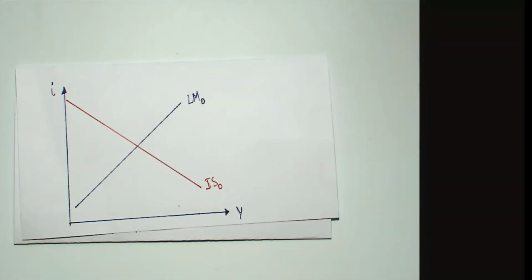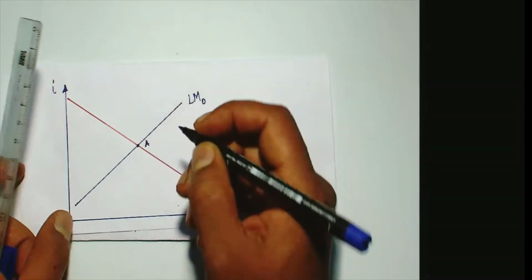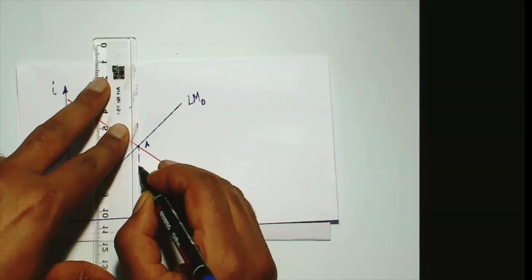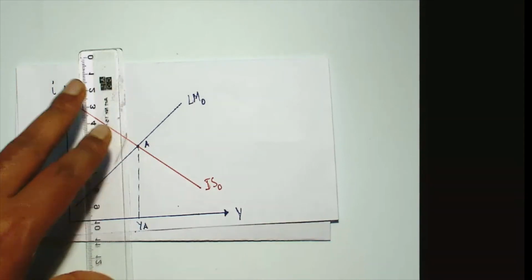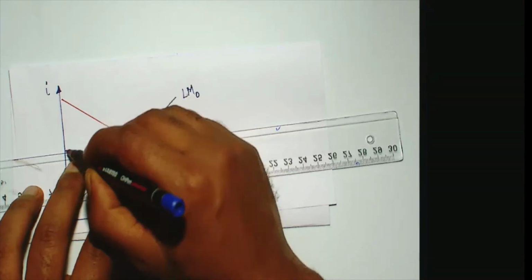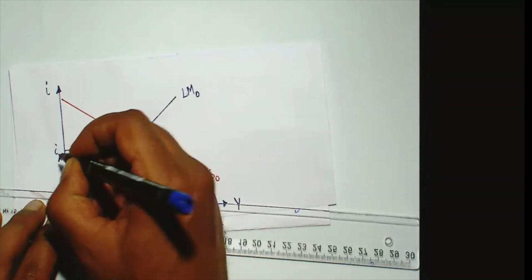So at the equilibrium point A, we would have an income YA and an interest rate which is indicated by IA.